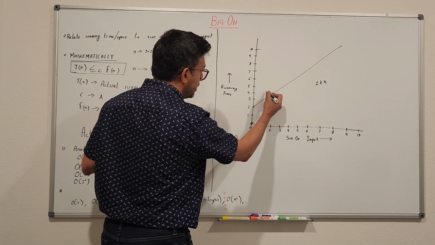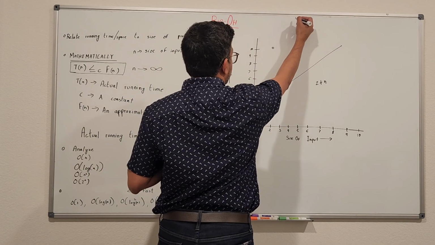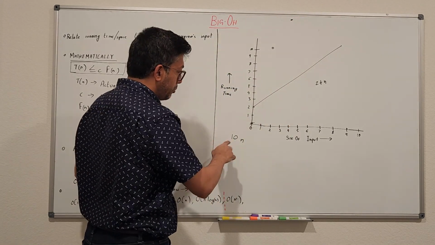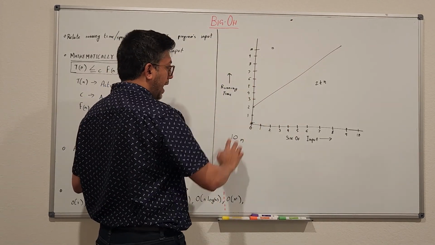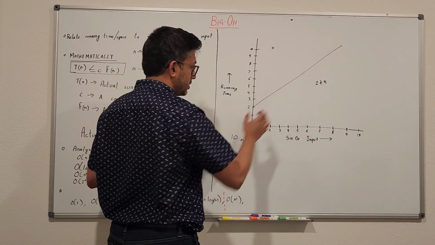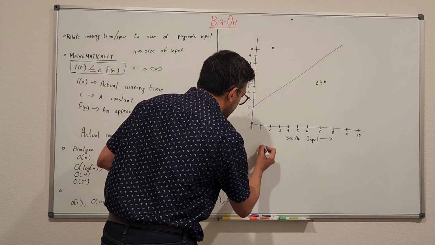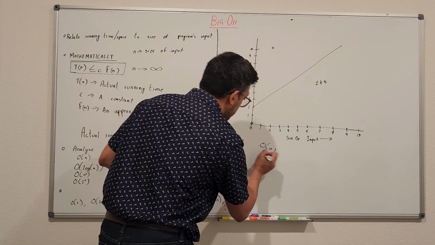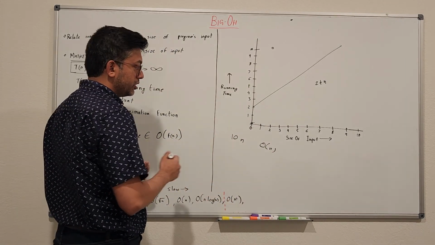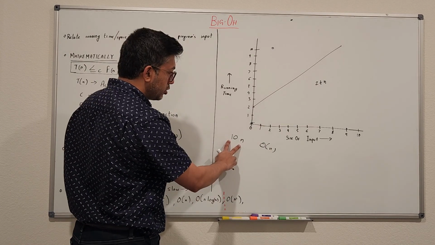For 1, 10n will be 10. For 2, 10n will be 20. So the approximation I came up with as n tends to infinity is going to be above this line, which is the actual function. So in that case, I can say my function is in BigO of n. This constant does not matter. You can pick whatever constant you want. When you talk about BigO, this constant doesn't matter.